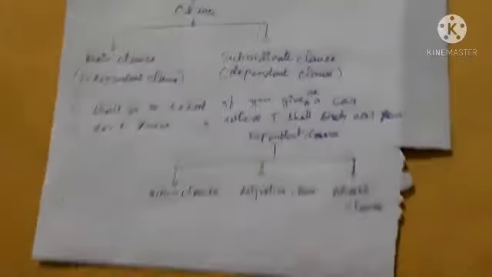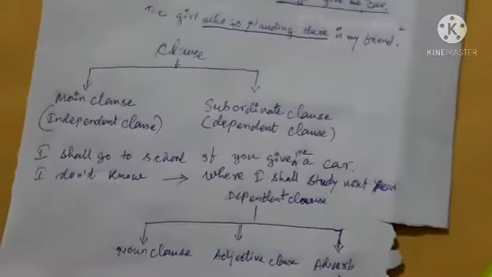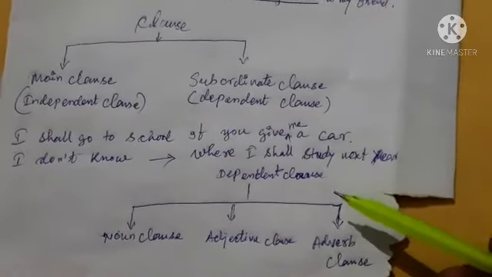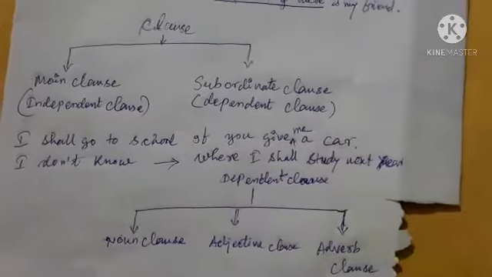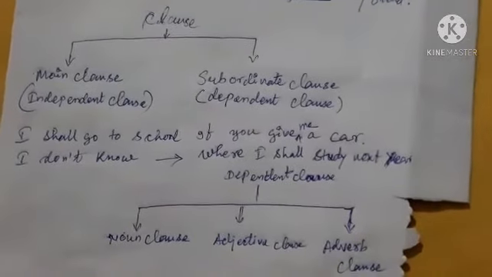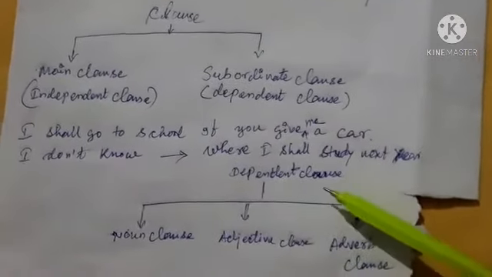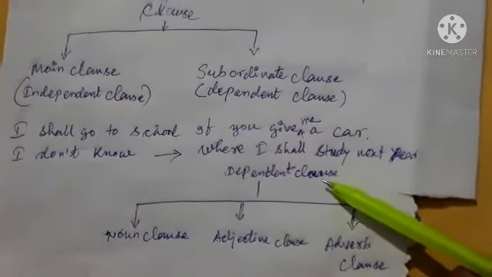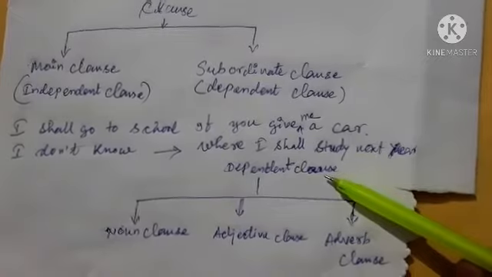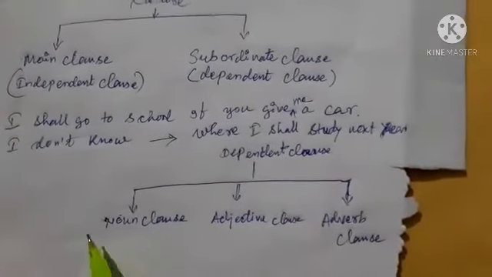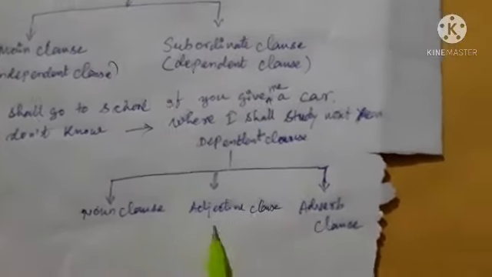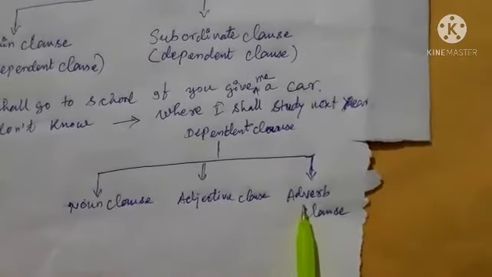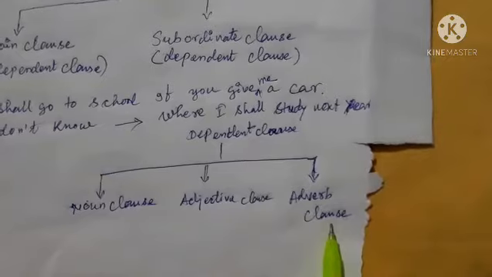Since the dependent clause depends upon the main clause for complete meaning, it is divided into three types. The first is the noun clause, the second is the adjective clause, and the third is the adverb clause.